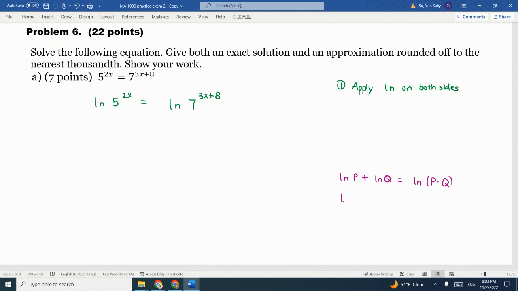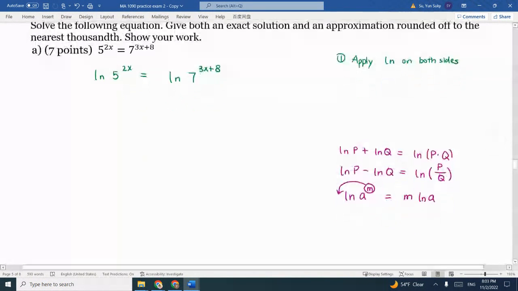And we can combine subtraction into a quotient inside the ln, so p over q. That's the properties of ln. And when you see some power, you can move the power down in front, so m times ln of a.